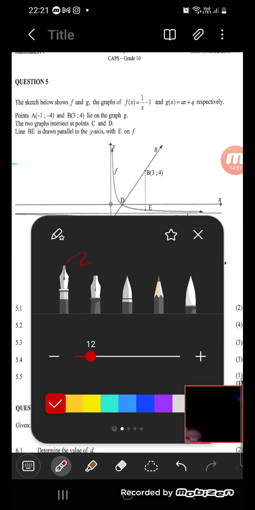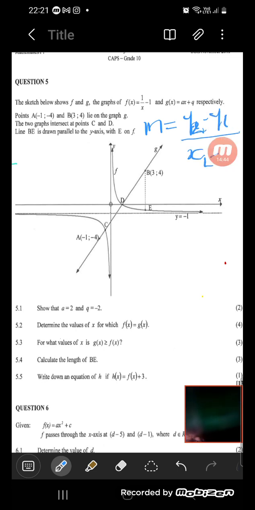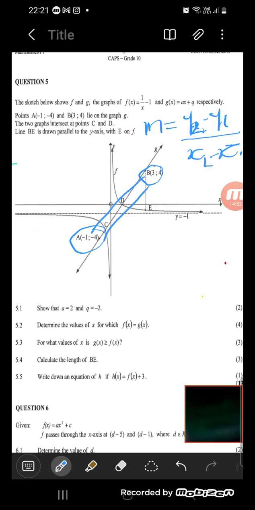This sum of Newton's is beautiful. M is equal to y2 minus y1 over x2 minus x1. Beautiful equation, because I've got a point here, minus the y's, minus the x's. It's the change, delta.